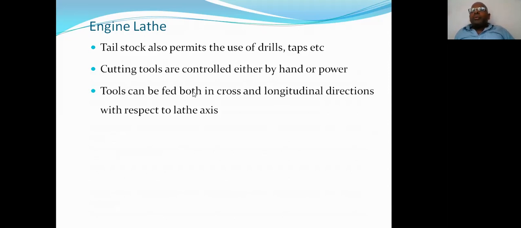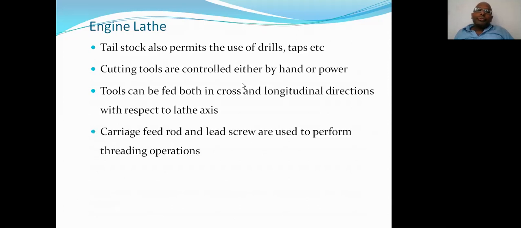Whatever the type of lathe machine, observe carefully that the cutting tool is always fed in the longitudinal direction. Longitudinal direction means parallel to the axis, and cross means perpendicular to the axis. In some cases, the tool may also move inclined to the axis.